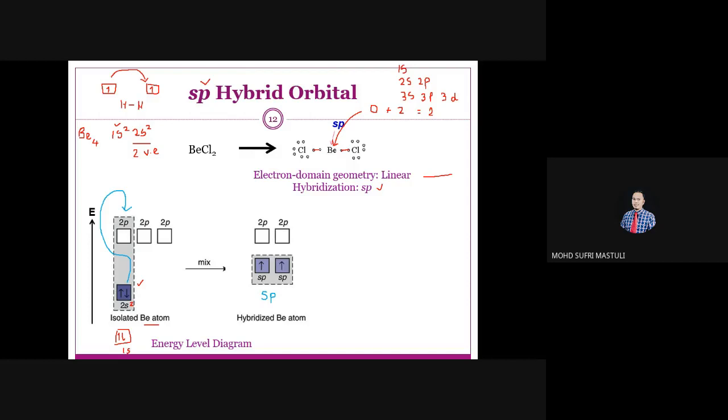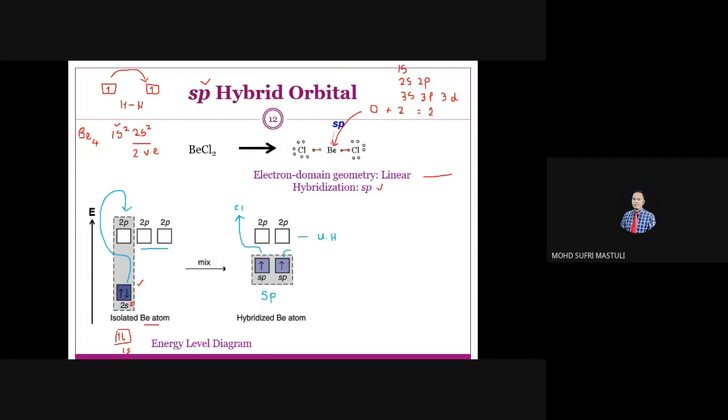After s is mixed with p, they become single, so one sp and another sp, and these two p orbitals remain empty. We call these unhybridized orbitals.